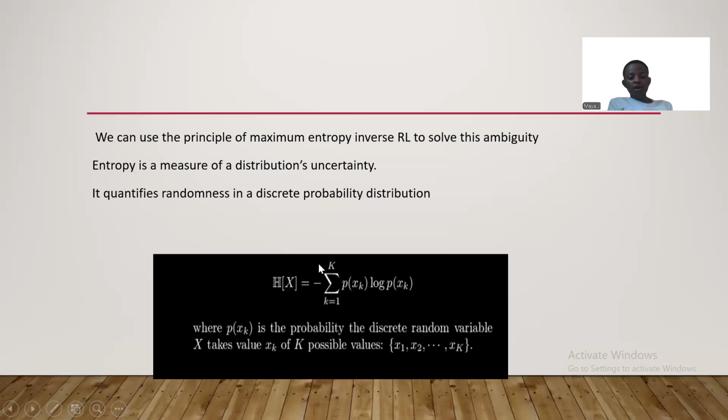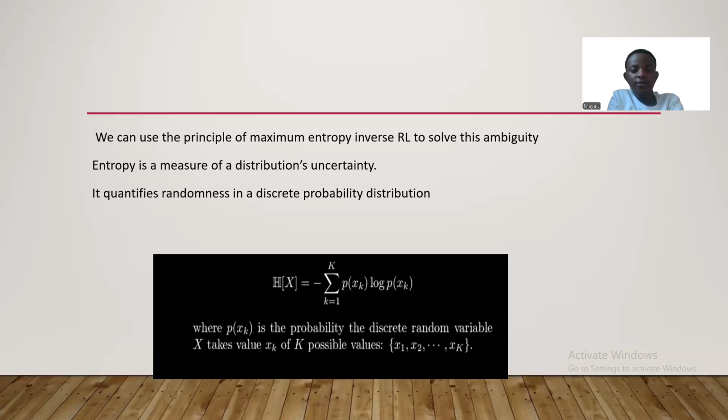This equation sums up the product of the probability of all possible values of x and the logarithm of that probability. The probability of xk, in this case, is the probability that the discrete random variable x takes the values x1, x2, up to xk.